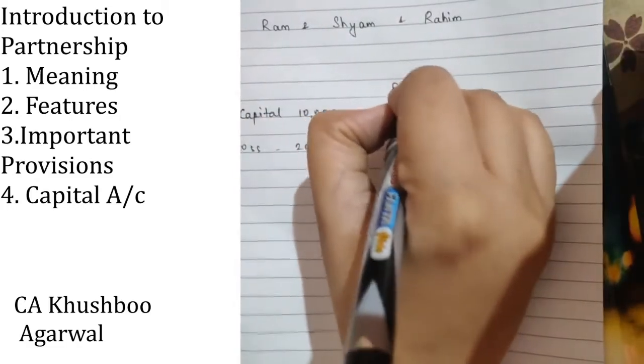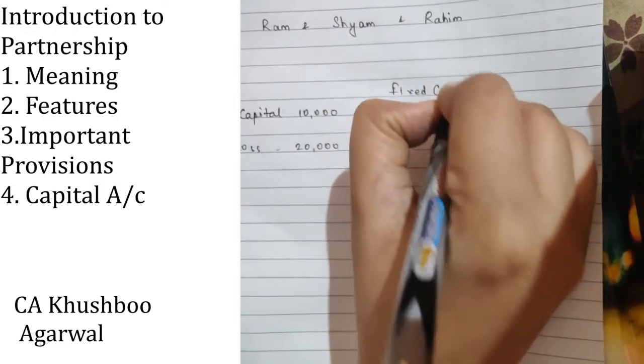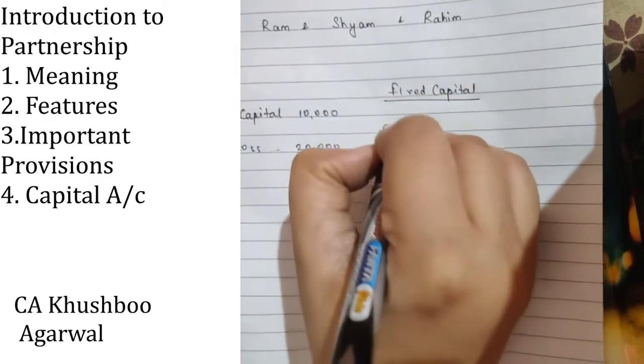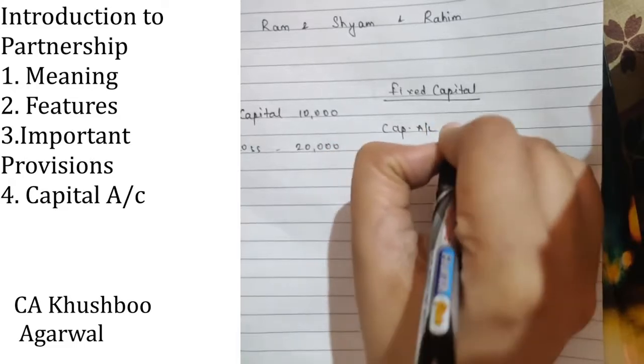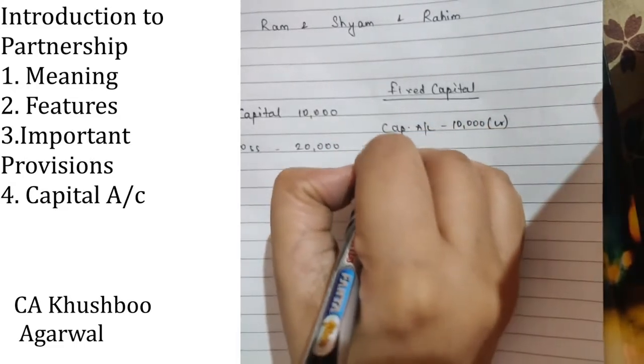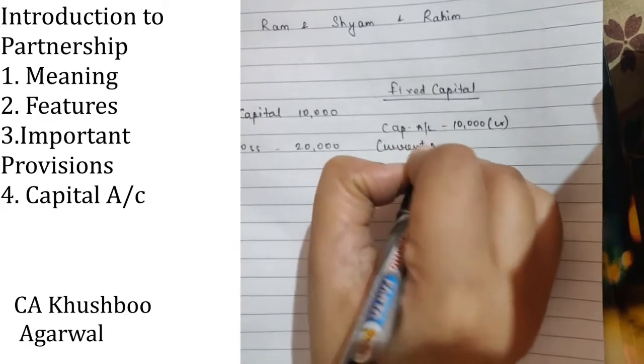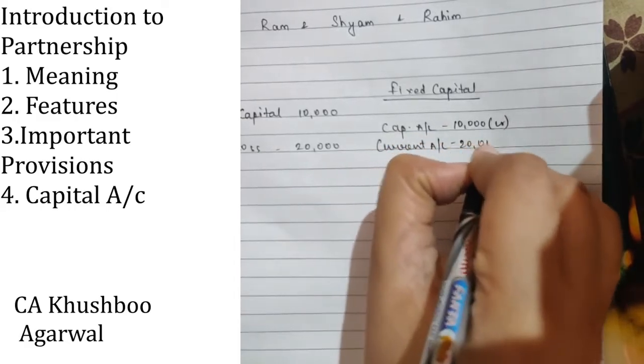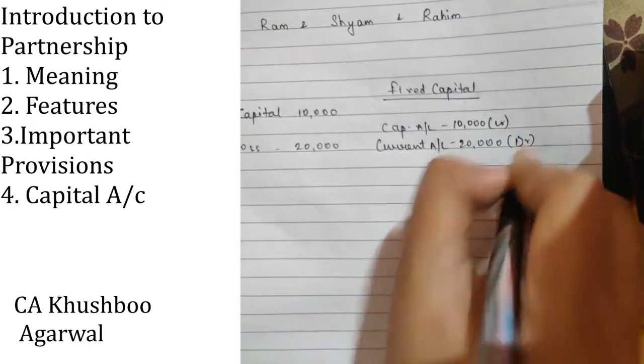So, under fixed capital method, capital account will show a credit balance of 10,000 rupees and current account will show a debit balance of 20,000 rupees.